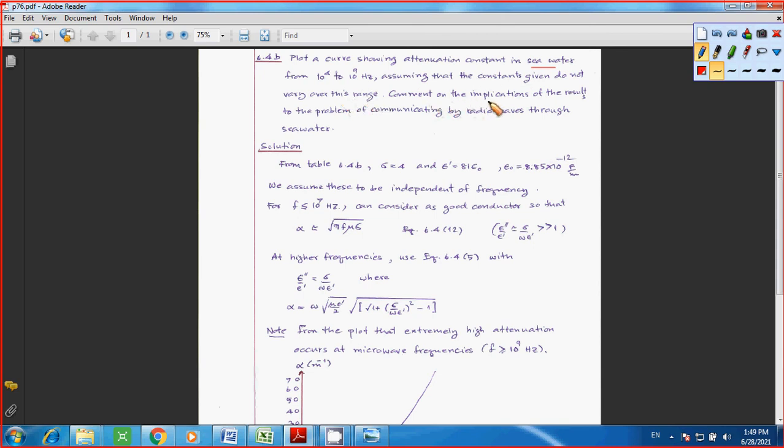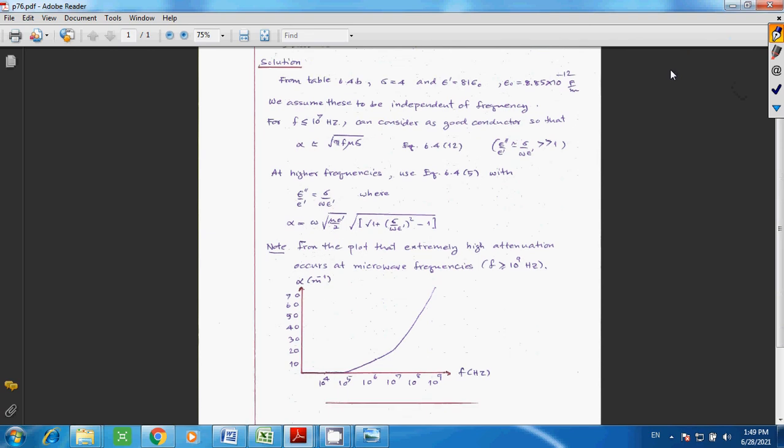Comment on the implications of the result to the problem of communicating by radio waves through seawater. Simply, they want you to plot your alpha, or attenuation constant.